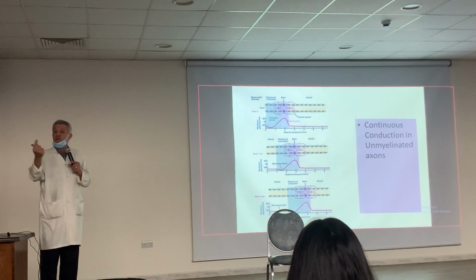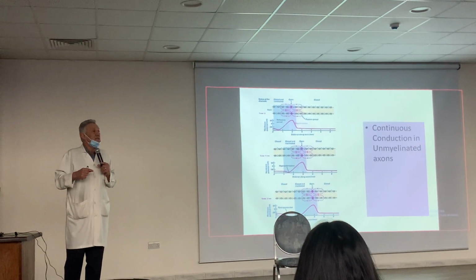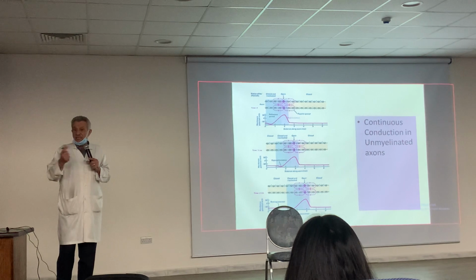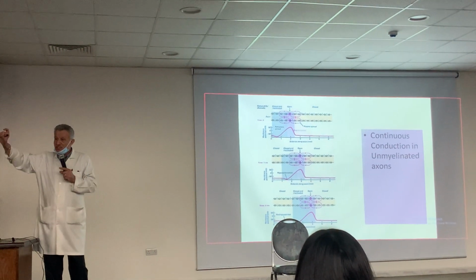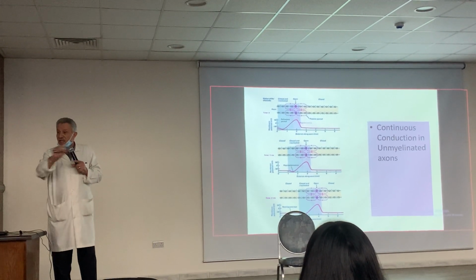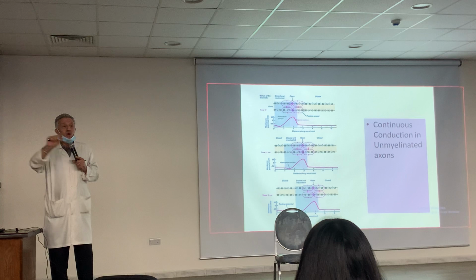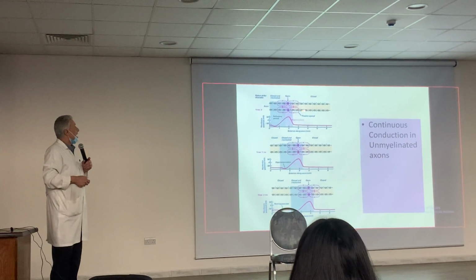And this is actually one of the functions of this refractory period, to get propagation of action potential in one direction only. Okay, we are not having that action potential going back and forth over the membrane of the axon.